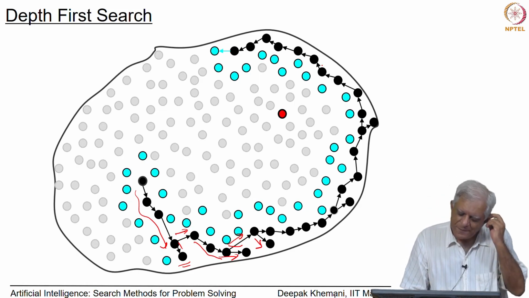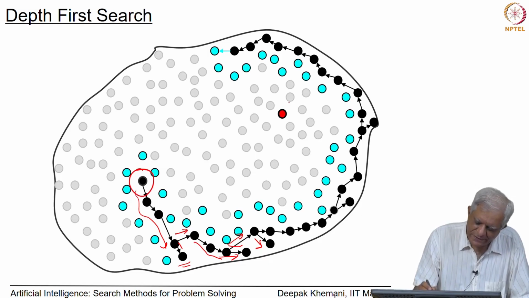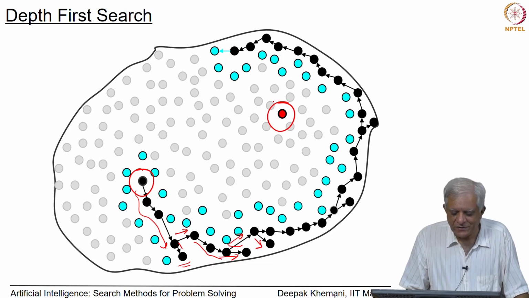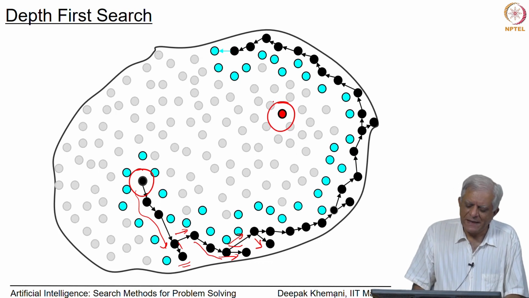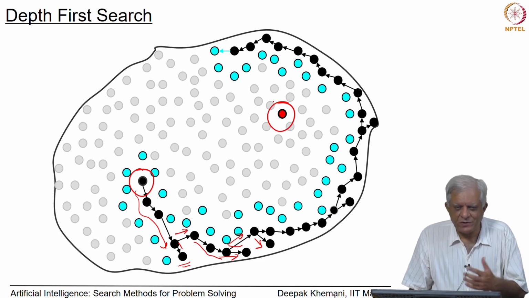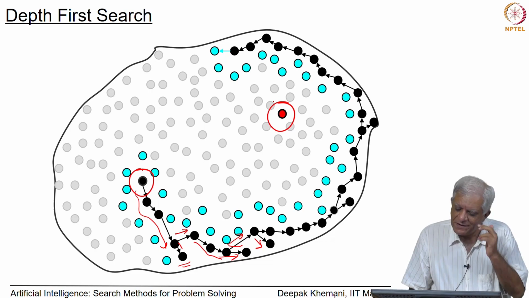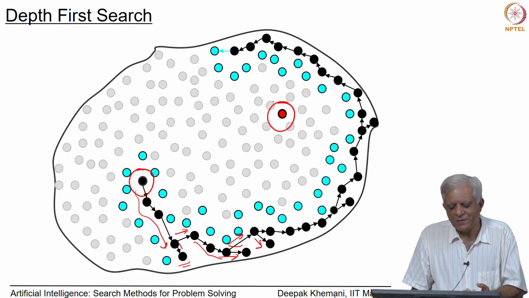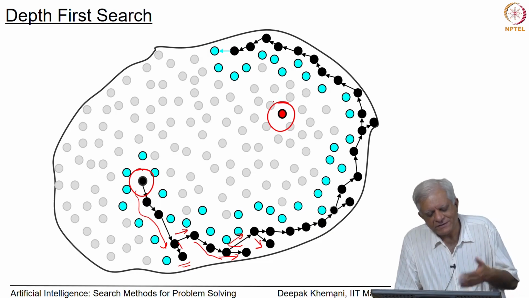Now, notice that this was the start node and this is the goal node, and this algorithm has no clue as to where the goal node is. Eventually, of course, it will hit the goal node because the state space is finite, and it will inspect every node one by one, because in every cycle of the algorithm it takes one node from open and adds it to closed.